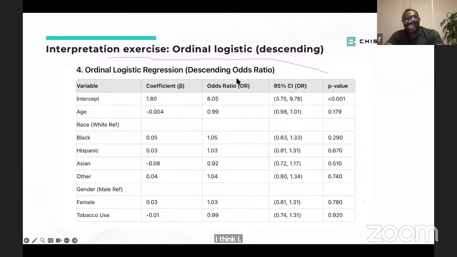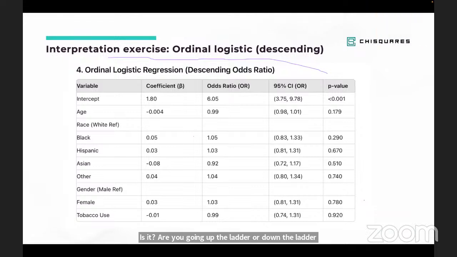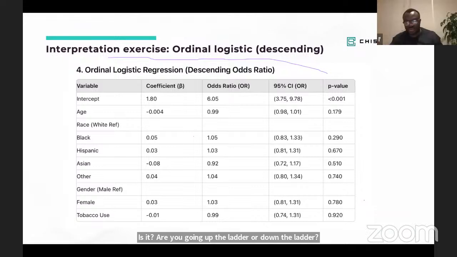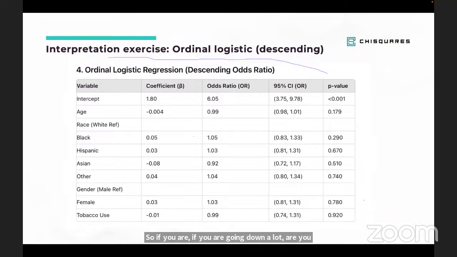Are you going up the ladder or down the ladder? Down the ladder. So if you are going down the ladder, are you increasing support or decreasing support? Decreasing support. Okay, so 0.92 times lower odds of decreasing support in favoring the ban for smoking. And it's not statistically significant as the odds ratio contains 1 and the p-value is greater than 0.05.